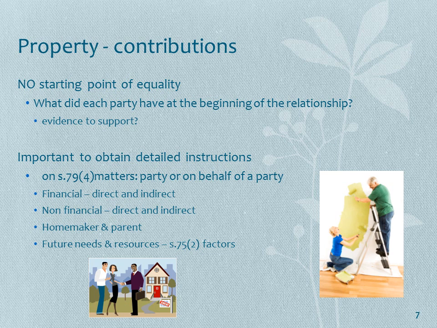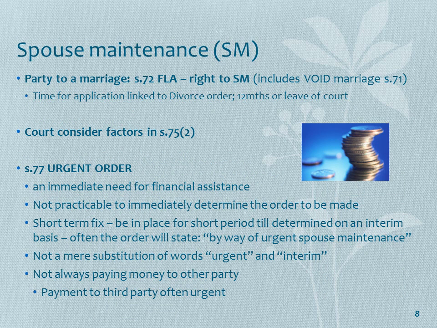And that's where, for example, married parties, section 79.4 is the critical key with looking at those contributions, including the contribution of homemaker and parent. And importantly, under section 79.4, it springboards you into section 75.2 factors, which lawyers like to call the future needs and resources. Section 75.2 is also an important component for spouse maintenance.